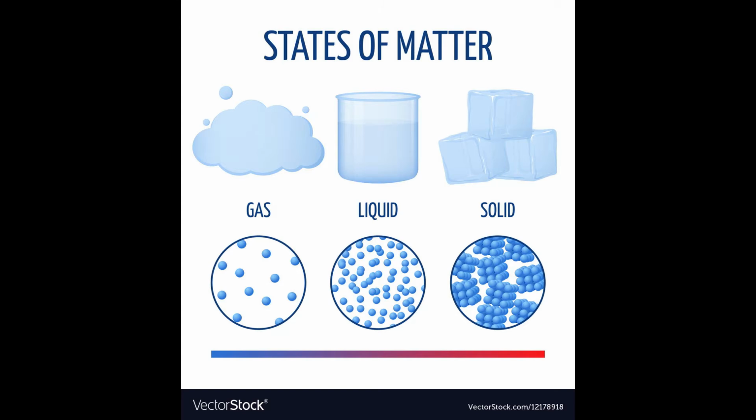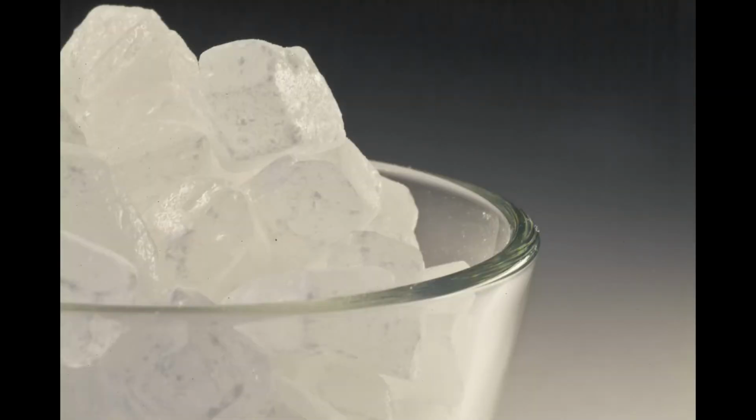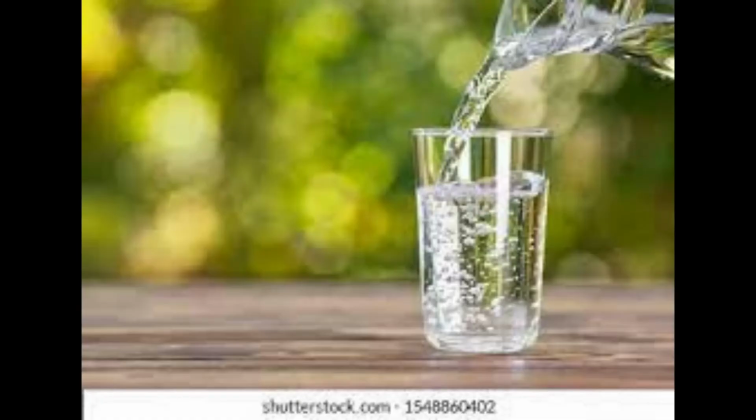Substances that exist in the solid, liquid and gaseous states are made of molecules. Here the substance is sugar candy, and sugar candy is always in a solid state. Water is a liquid, and water is also made up of molecules.